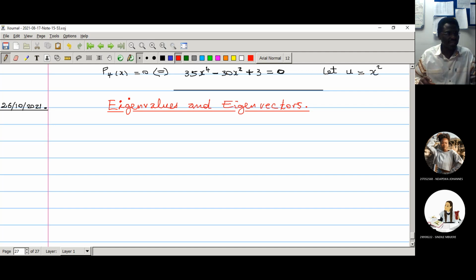Remember when you have a linear differential equation and you write the general solution of the system, you usually write the solution in the following form.